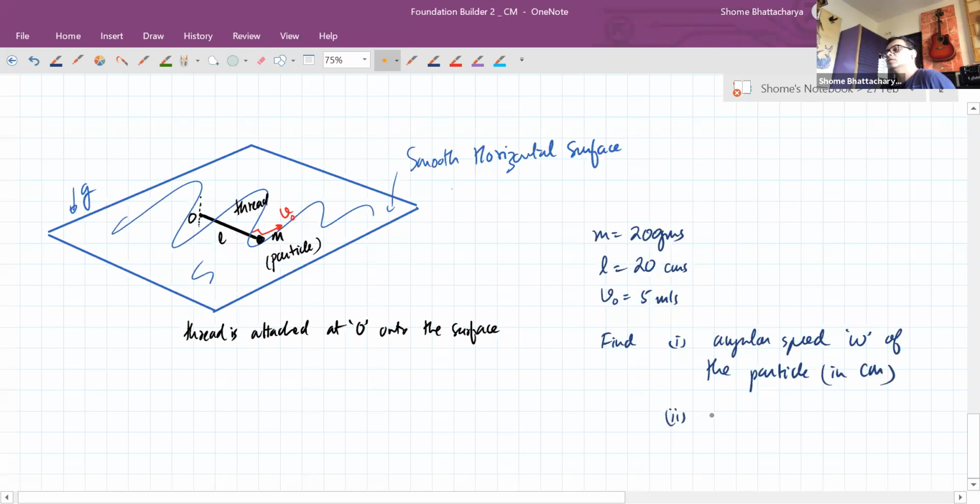Then we have to find the acceleration of the particle. And we have to find the tension T in the thread.